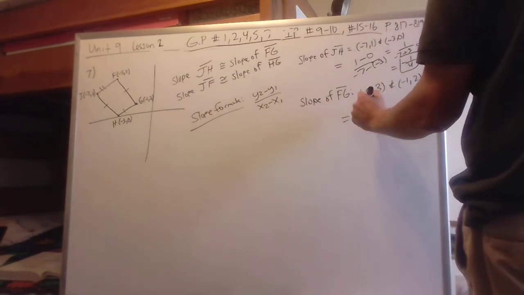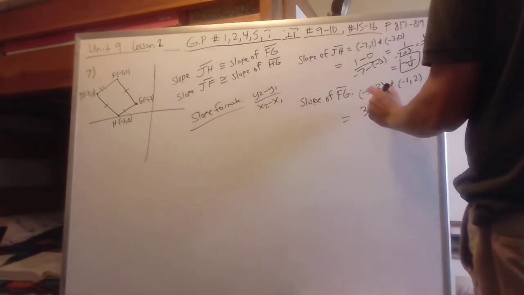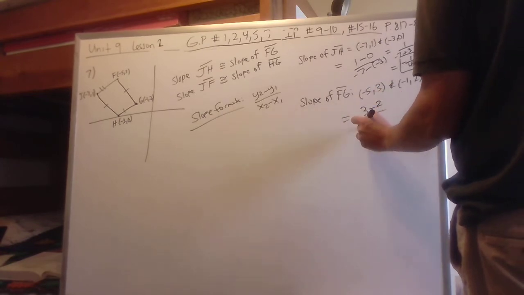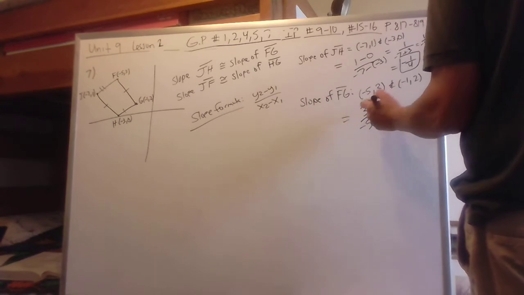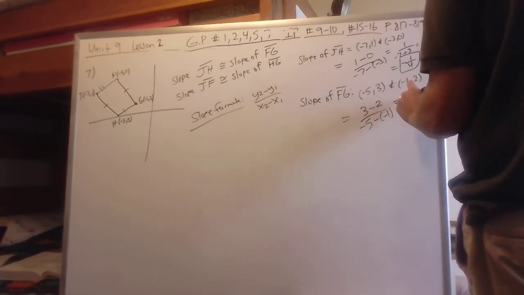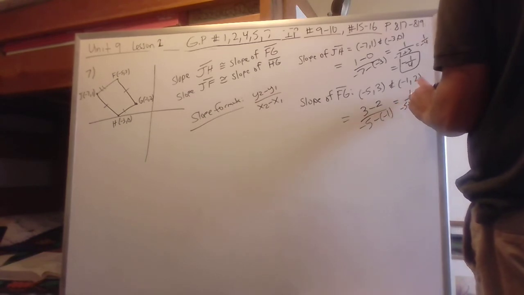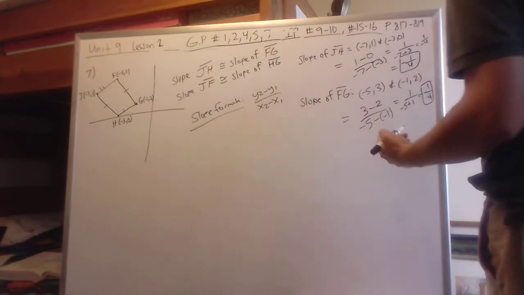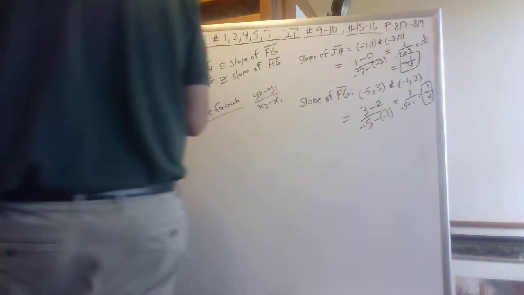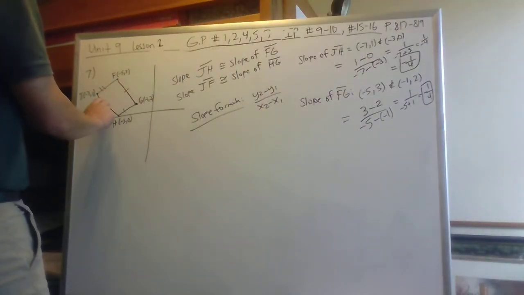We take 3 and subtract the other y, which is 2. We take negative 5 and subtract negative 1. So 3 minus 2 is 1. Negative 5 plus 1 is negative 4, so that's negative 1/4. So it looks like these slopes are congruent.